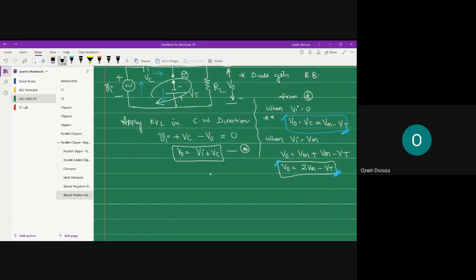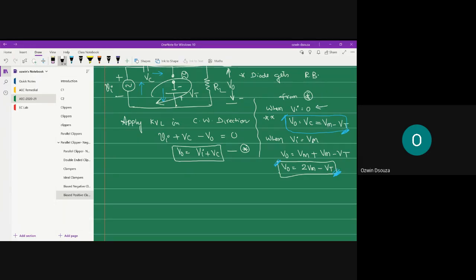You can clearly observe that your input had its initial value at 0 volt level. Please follow the pointer. When your input is at 0 volt level, your output is at some positive voltage, and that positive voltage is Vm minus Vt.